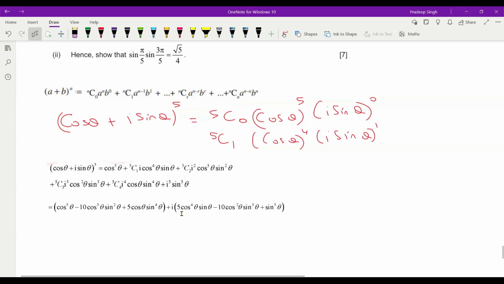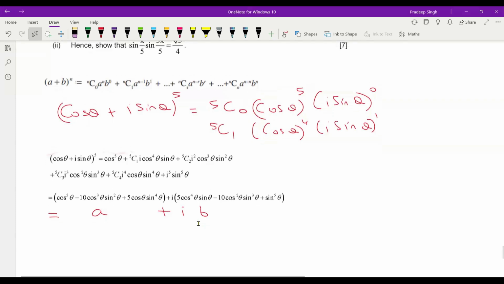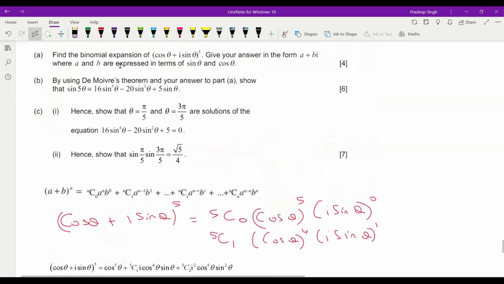Remember, we have taken i as common among all of these terms. So now the entire expansion can be written as a + ib, where a stands for the entire expression in the first bracket and b is all the expressions in the second bracket. And that's what we were supposed to do in part A. We were supposed to find a and b expressed in terms of sin theta and cos theta.